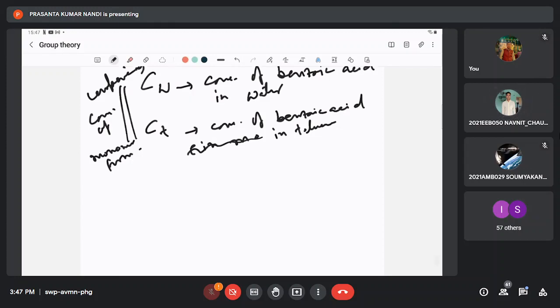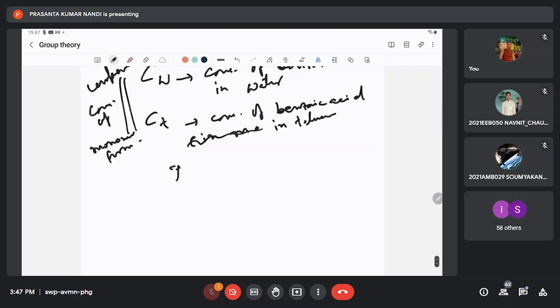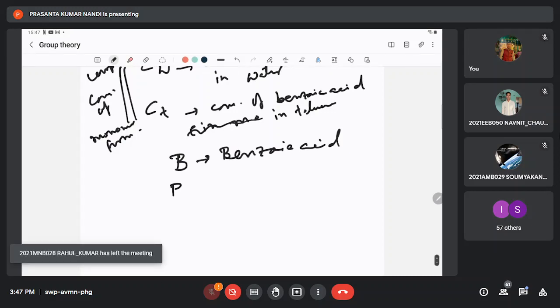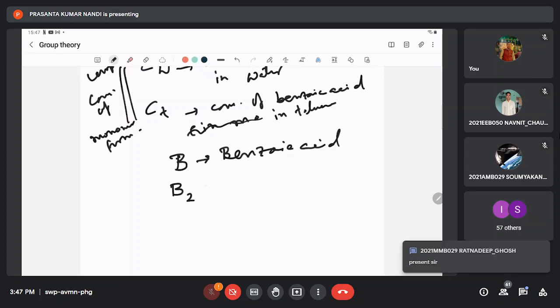Okay. So let us denote benzoic acid as B. We can write B2 in non-aqueous medium. This dimer remains in equilibrium with the monomer.